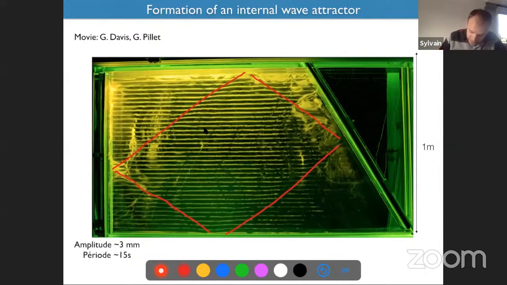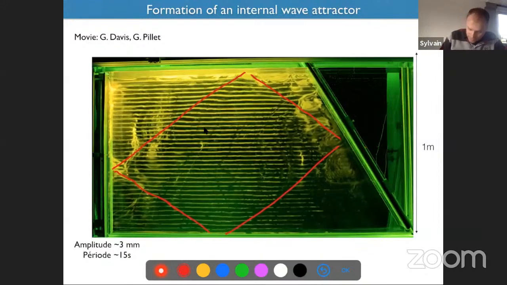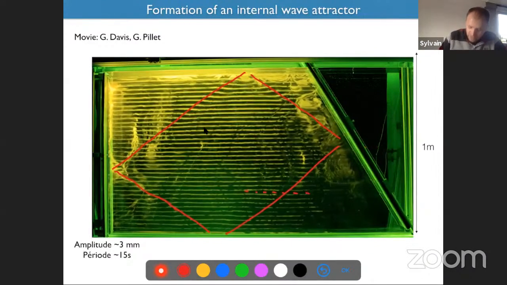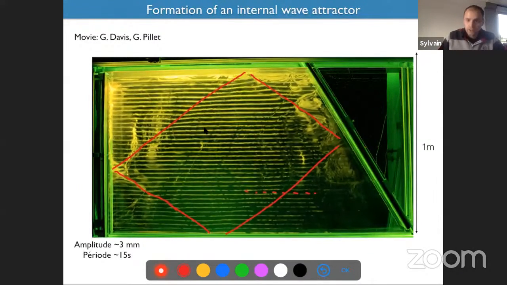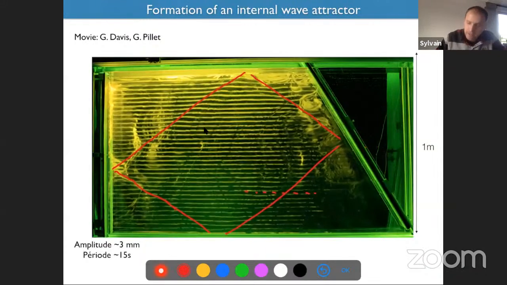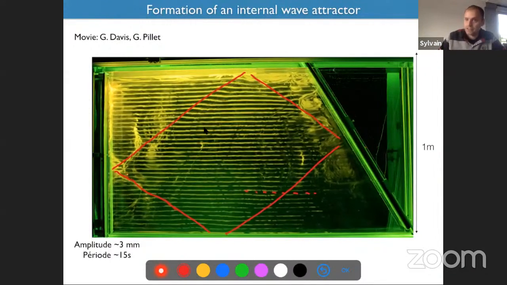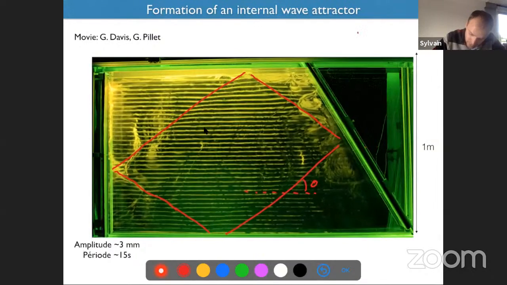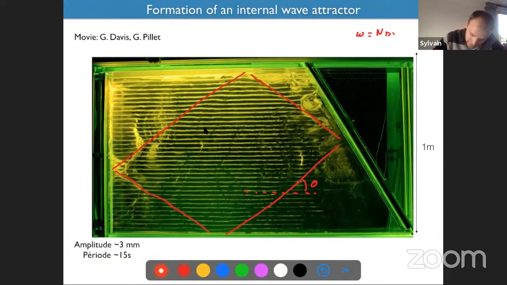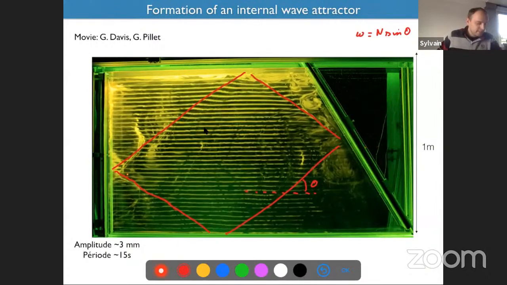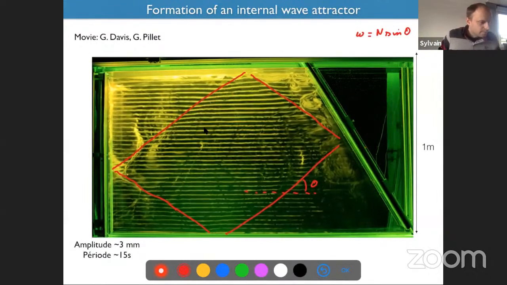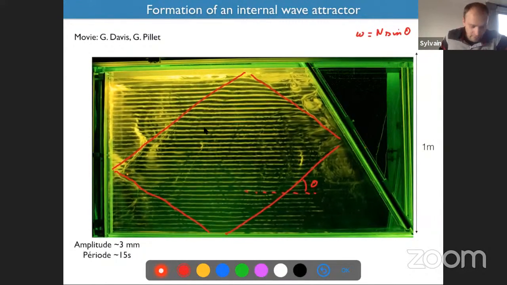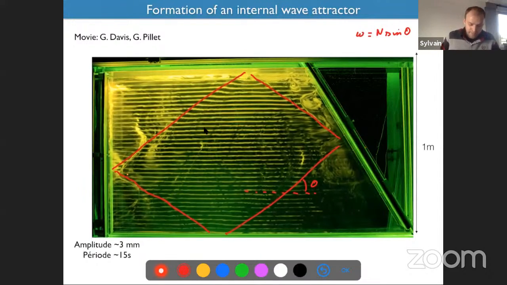Of course, this pattern is not completely strange. This angle, as I said before, is the angle of the direction of the energy with the horizontal, theta, with omega equal to N sine theta. And you have this nice pattern, and energy is concentrated along these paths.